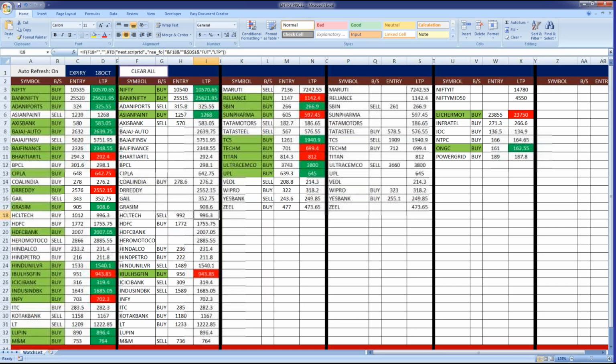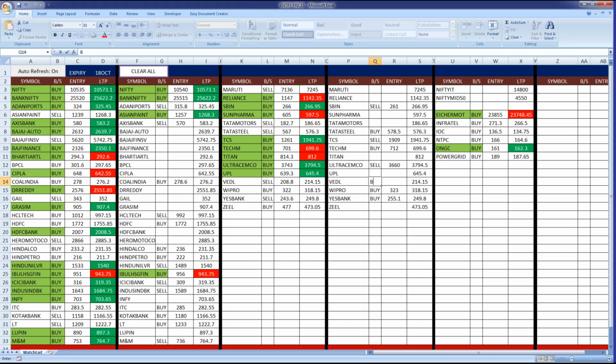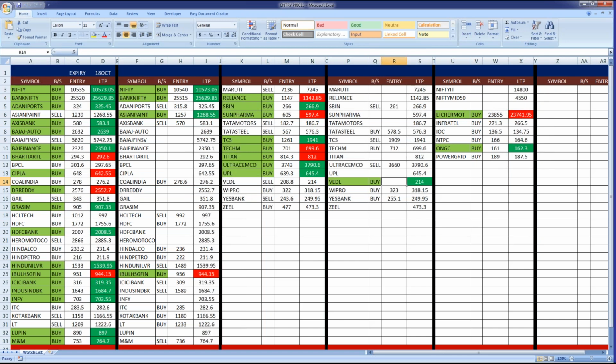And likewise, I have a call in Vedanta. I actually delayed this call, but the call got generated at 213.70. The metal index is almost up by 1%, that is 0.8%.